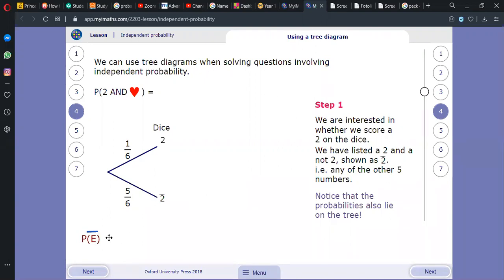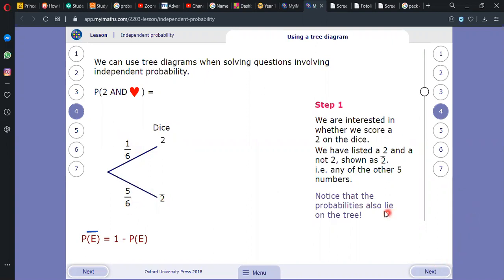And we remember that we said that that formula is supposed to be equal to 1 minus the probability that the event will definitely happen. So that is a quick one, just to remind us. Even if you don't want to think of it that way, you will need to know that if the probability of getting a 2 on a dice is 1/6, then the probability of not getting a 2 is going to be 1 minus 1/6, which is 5/6.